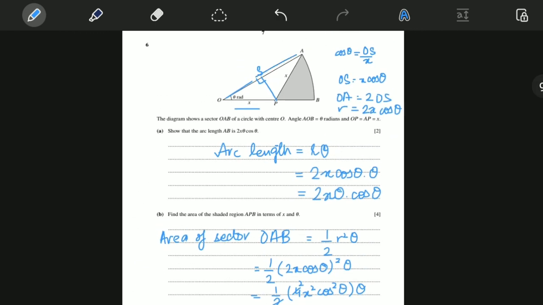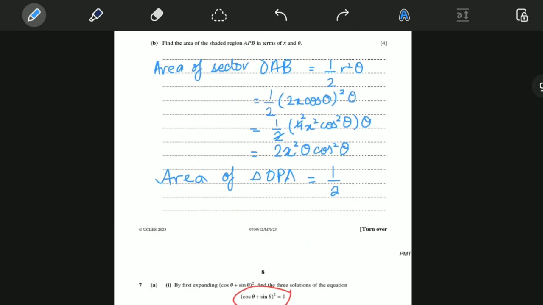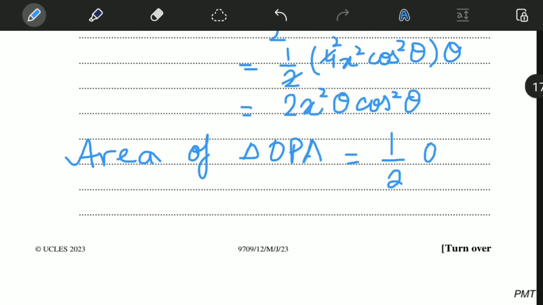Base is OA and height is SP or PS. OA into PS. You know OA but you don't know PS.